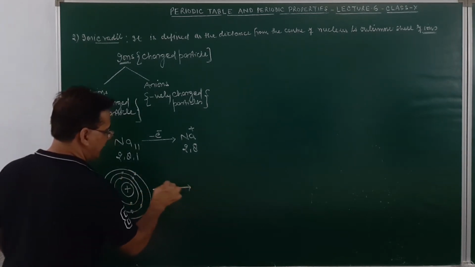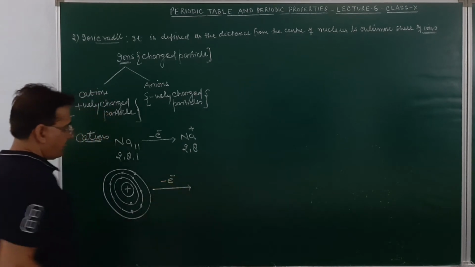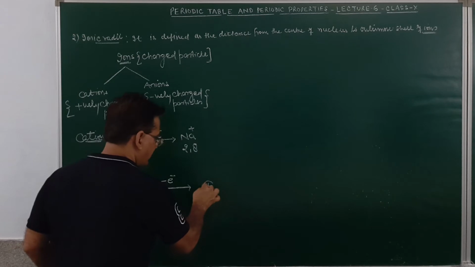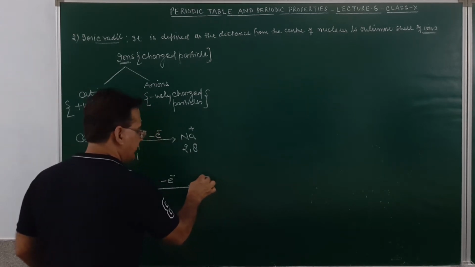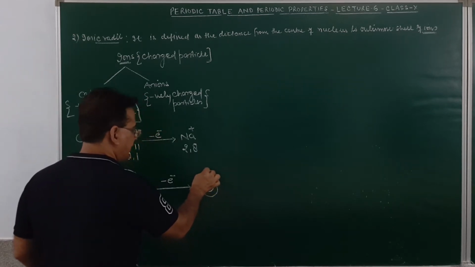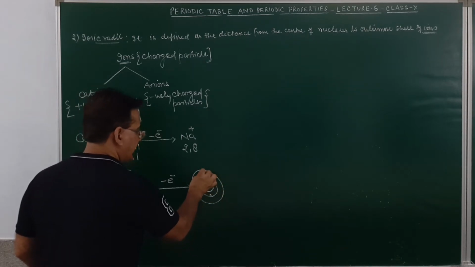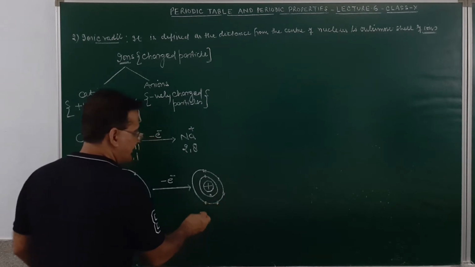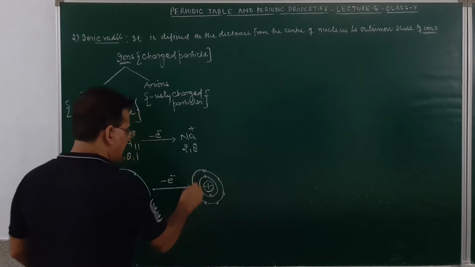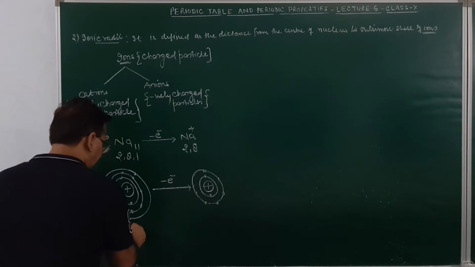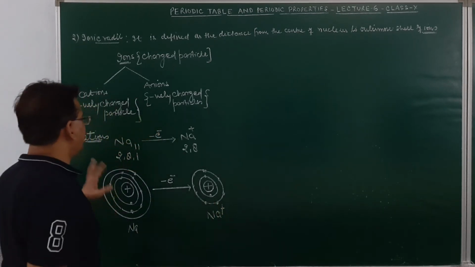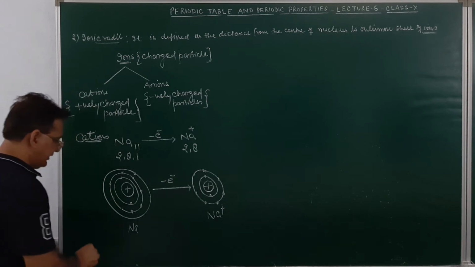When it loses the electron, it will result in the formation of this ion, in which the energy shell is lost. You may see over here, the size of cation is smaller than the parent atom. This is sodium and this is sodium ion.